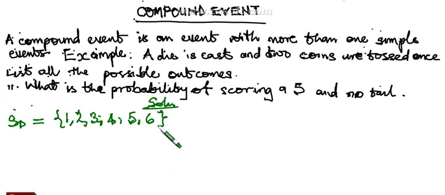Okay, then 2 coins are tossed, and because there are 2 coins, the total sample space is going to be 4. So let's make that one SC.